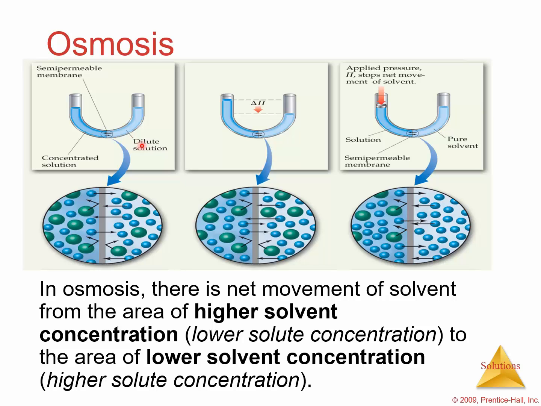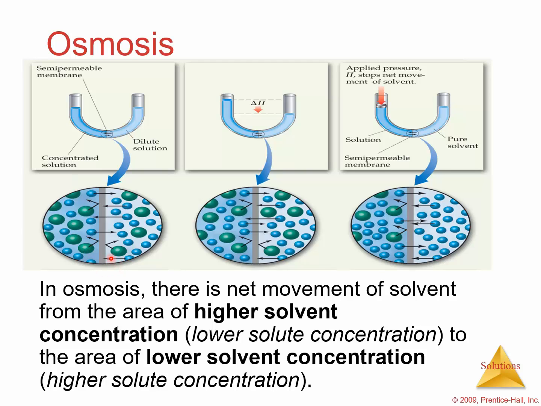The difference in liquid level and thus pressure eventually causes the flow to cease. Applying pressure to the arm with the higher liquid level can also stop the flow. So again here we have the semi-permeable membrane, the dilute solution, and the concentrated solution.